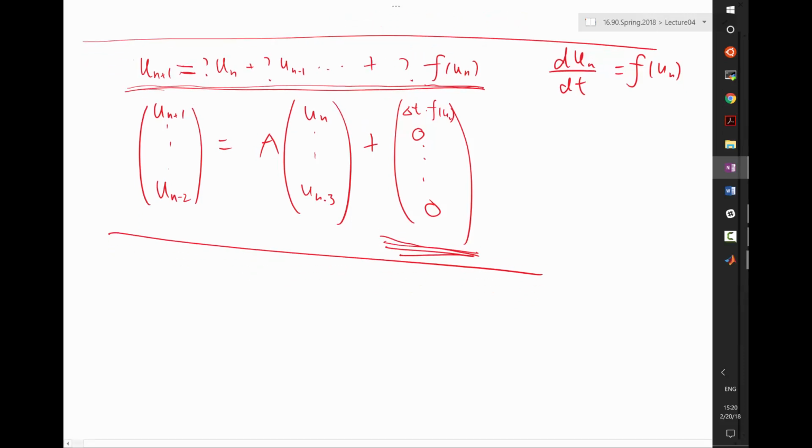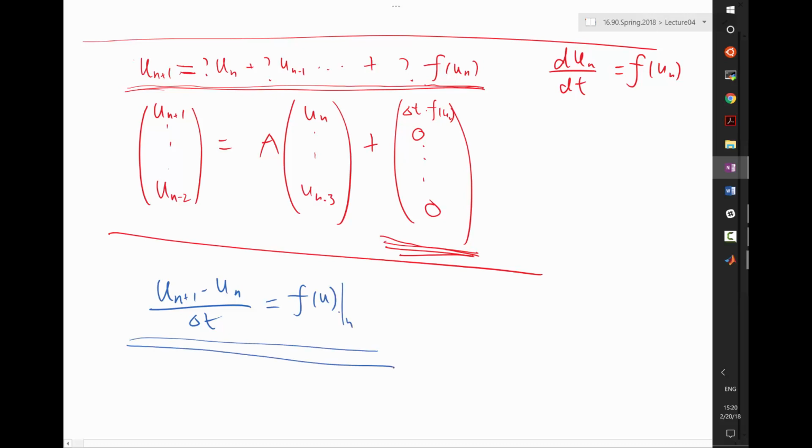Right? So let's give a simple example. I have (u^{n+1} minus u^n) over delta t equal to f of u. But remember, this is only true for my numerical solution. So I should actually be adding a hat onto this to denote numerical solution. So this is exactly equal only for a numerical solution, right?